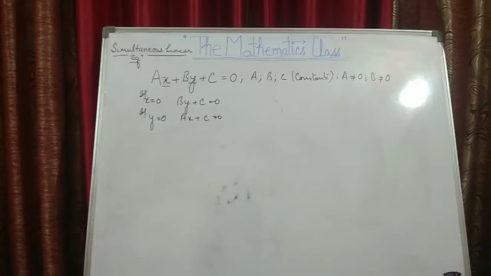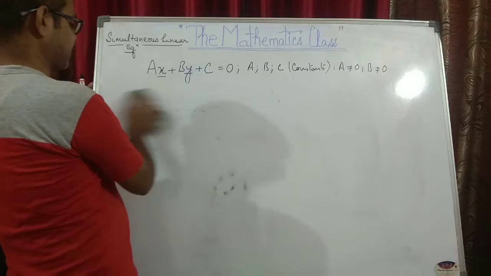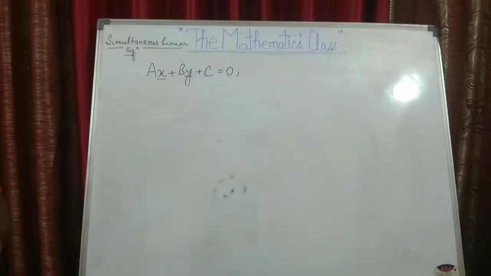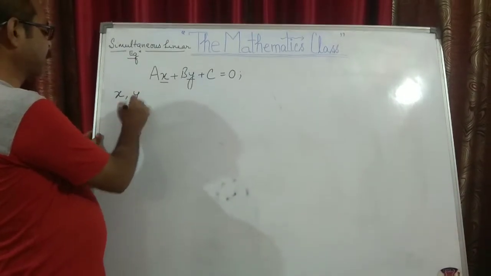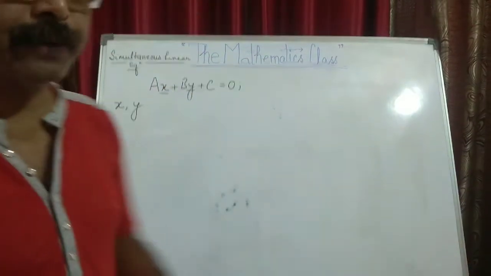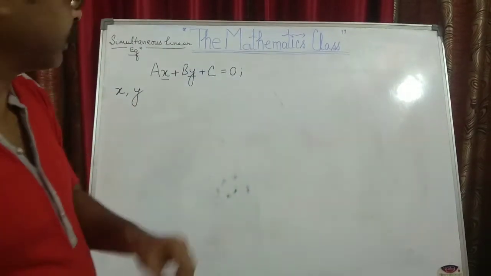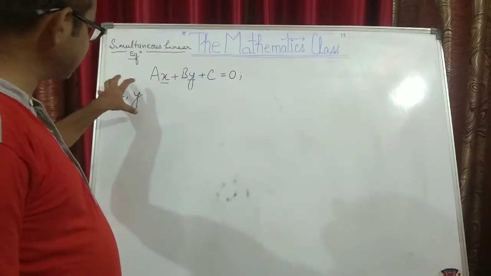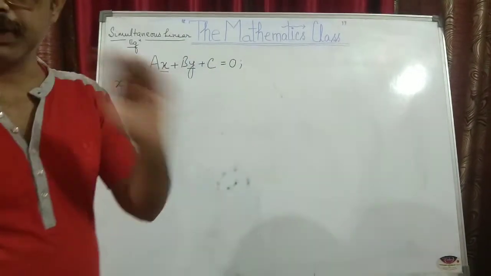Now when we solve these equations, what is the meaning of solution of this equation? Solution means to get the values of x and y. We need to get the values of x and y in such a manner that when they are substituted back in this equation, it satisfies.